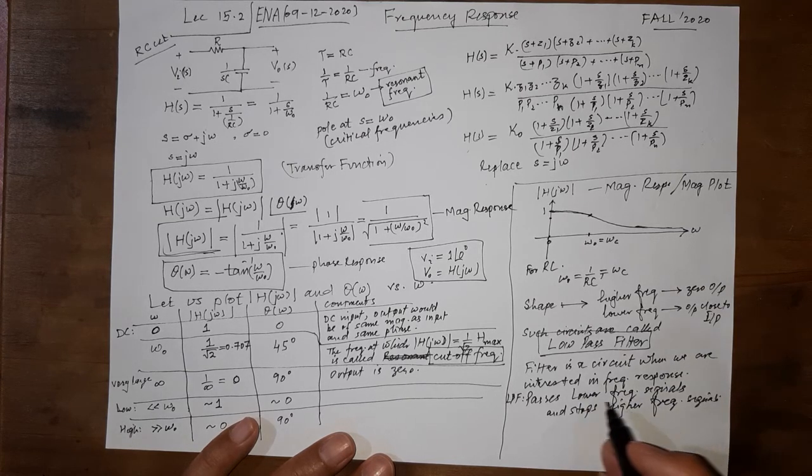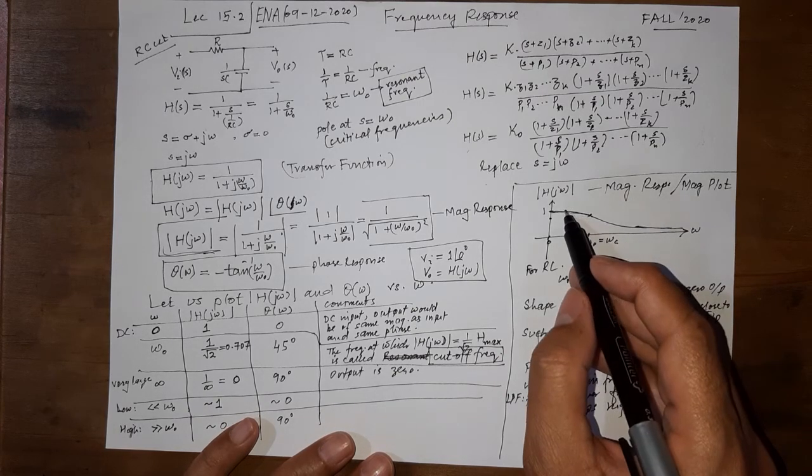By passing, it does not mean that it is completely unattenuated, exactly the same as the input. And by stopping, it does not mean that the output is zero. That is just in the extreme cases. So for typical circuits, the output would be high for lower frequencies and low for the higher frequencies.